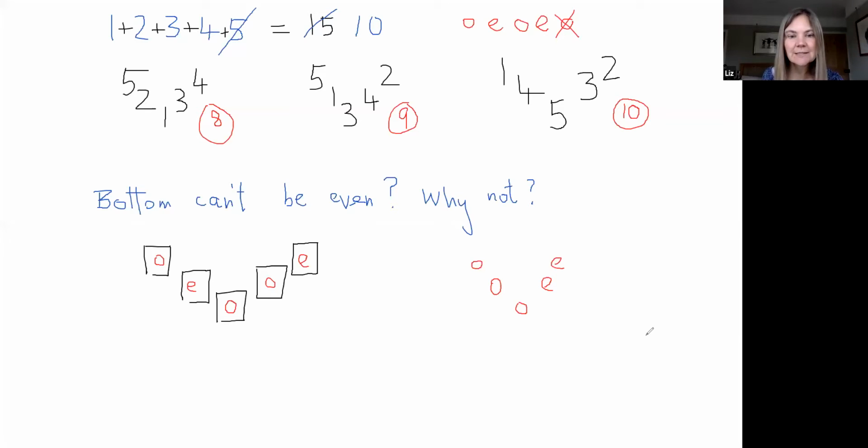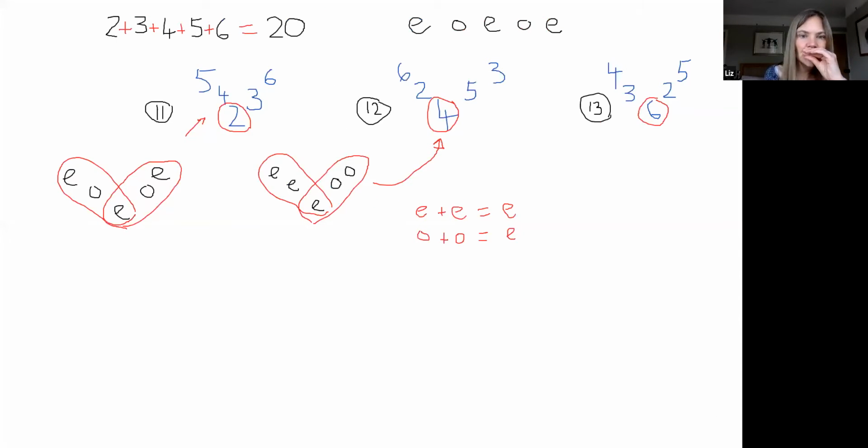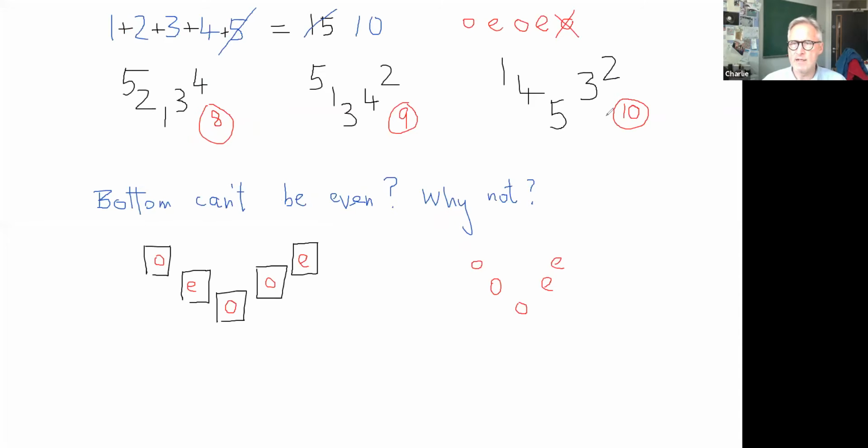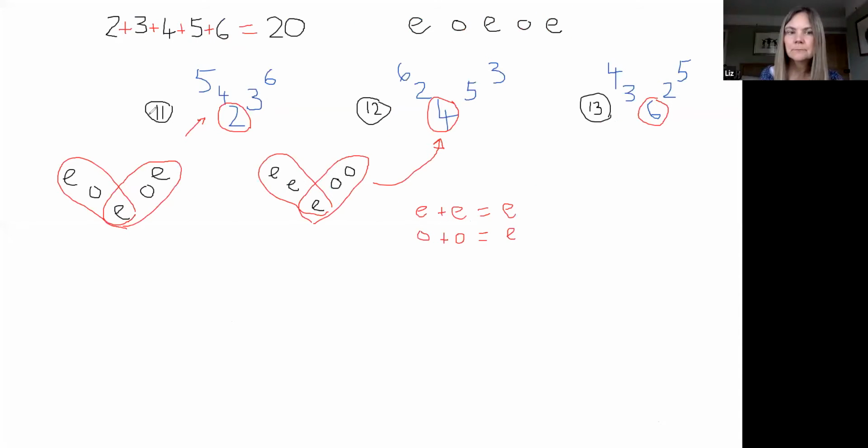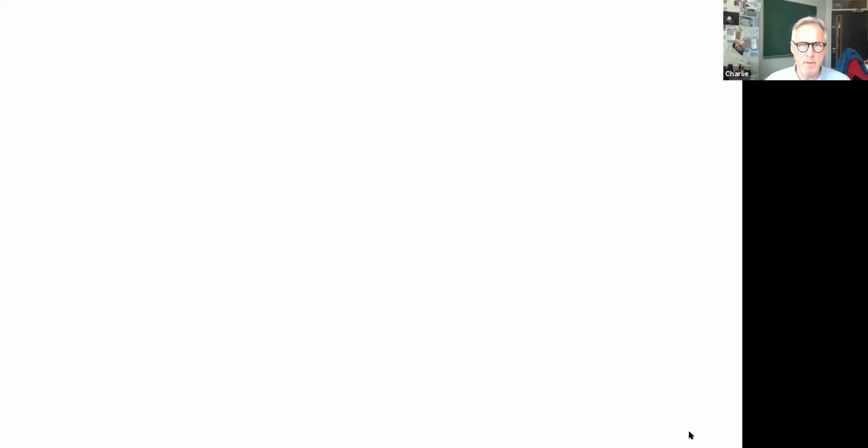Okay. So this is interesting, isn't it, Charlie? It's nice to go back to this slide quickly, because we've got our totals 8, 9, and 10 from this slide, haven't we? The magic totals. Yes, 8, 9, and 10. And the next one has 11, 12, and 13. Okay, let me write this down. When we had the numbers 1 to 5, this led to these possible totals, 8, 9, and 10.